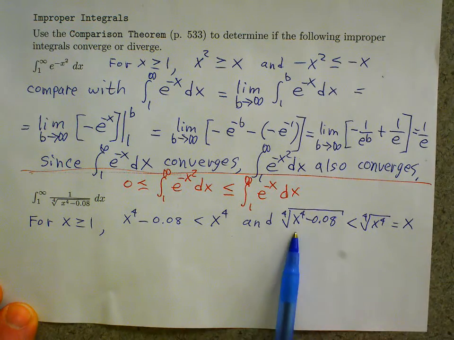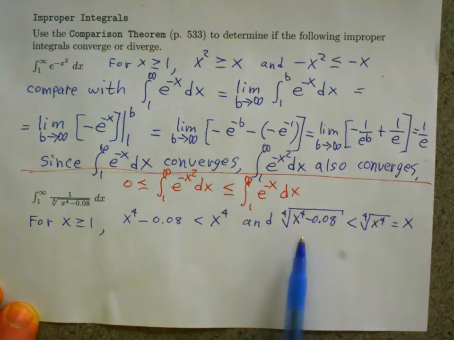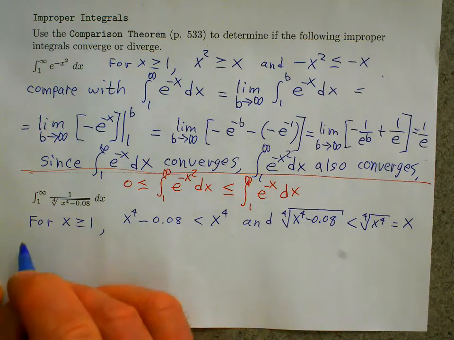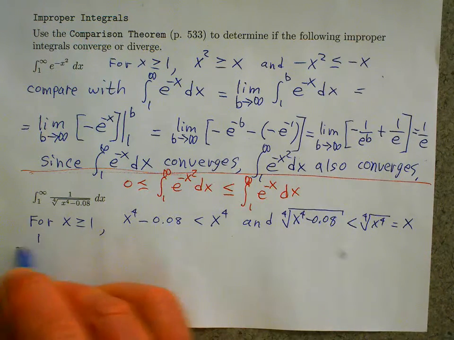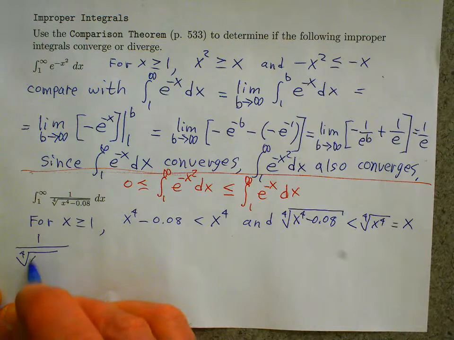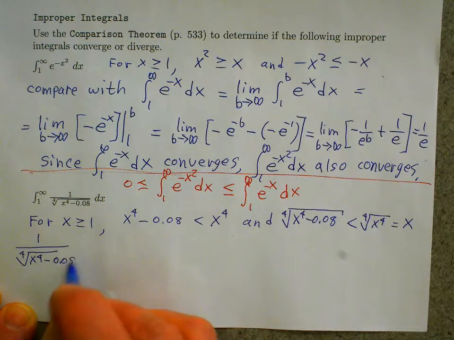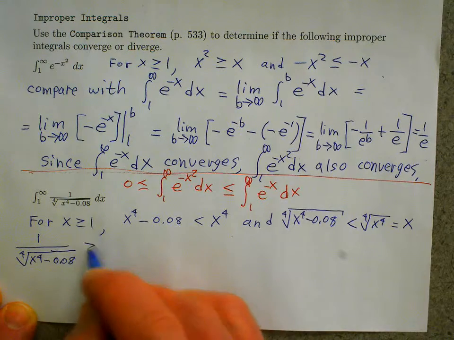And so the inequality will switch directions when we take reciprocals. So this implies that 1 over the 4th root of x to the 4th minus 0.08 is greater than 1 over x.